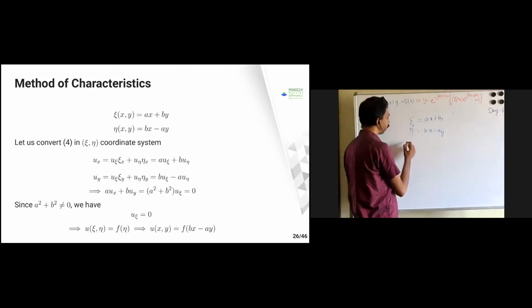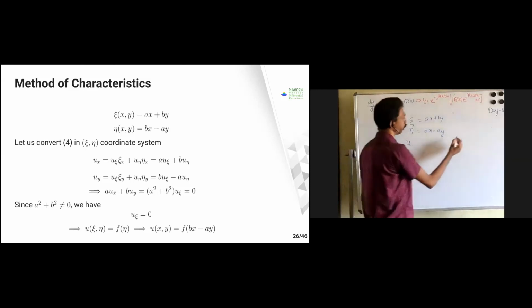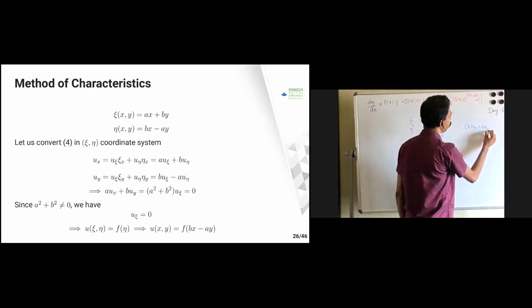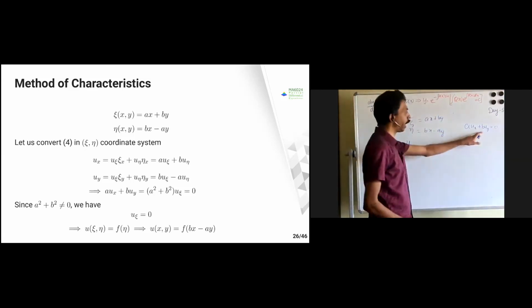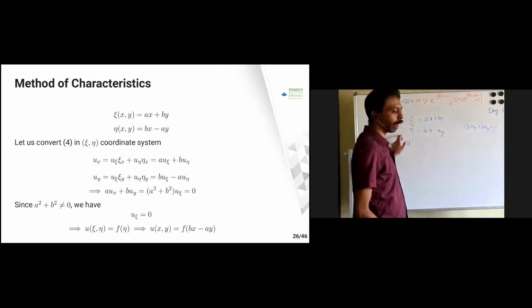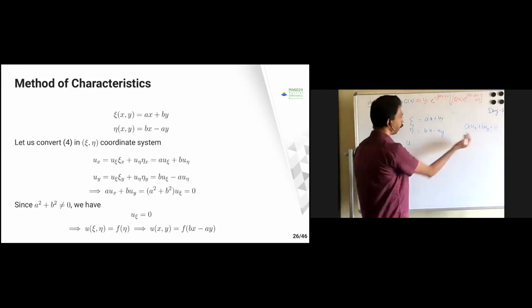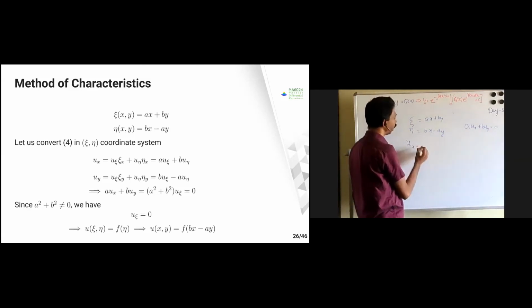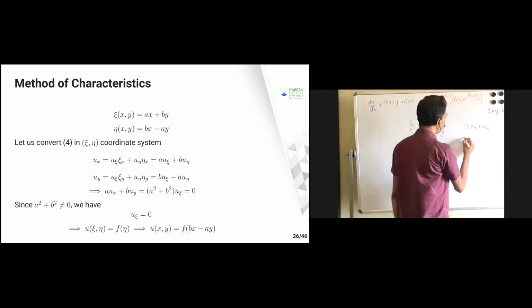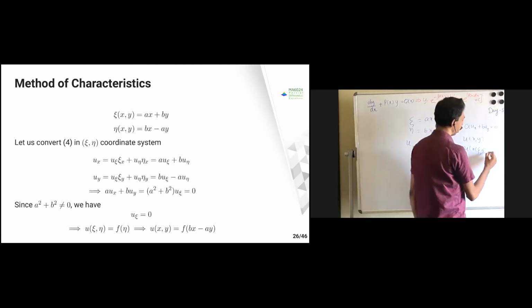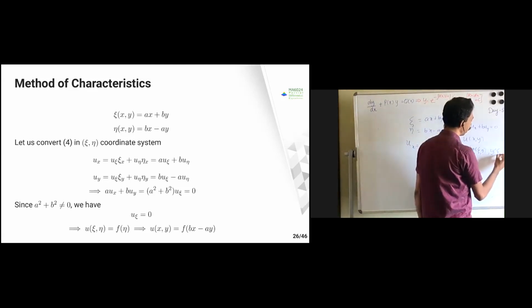Now we need to transform that equation. This is our equation, a u_x plus b u_y equal to 0. I have to write it in terms of chi and eta. So now what we need to find is u_x. U is a function of x comma y, but x is a function of chi comma eta and y is again a function of chi comma eta.